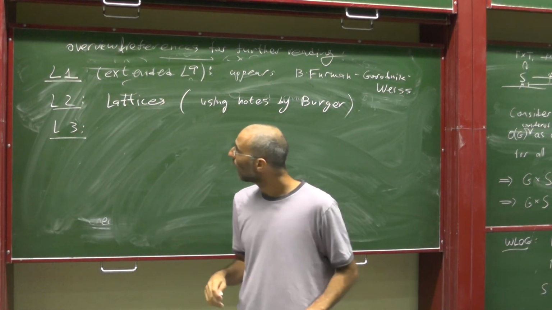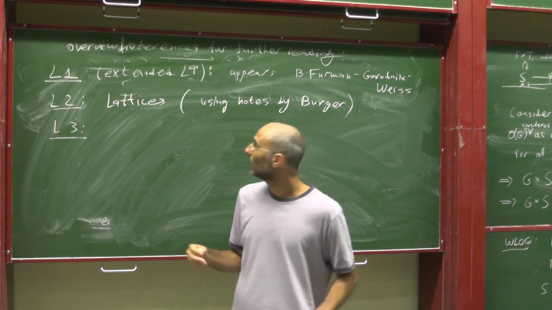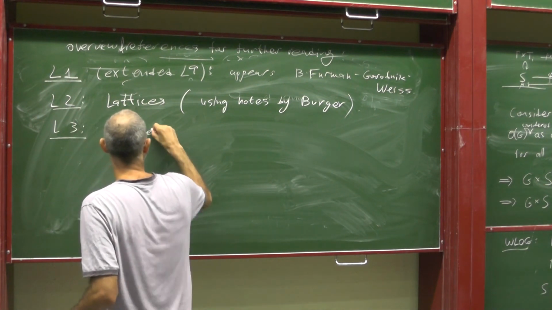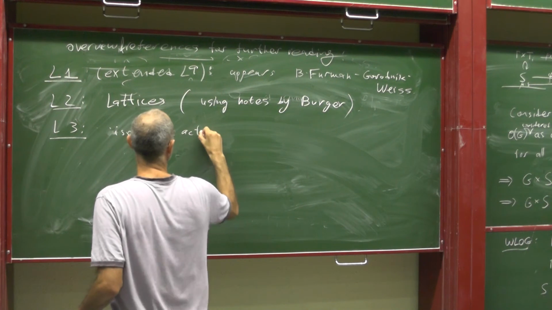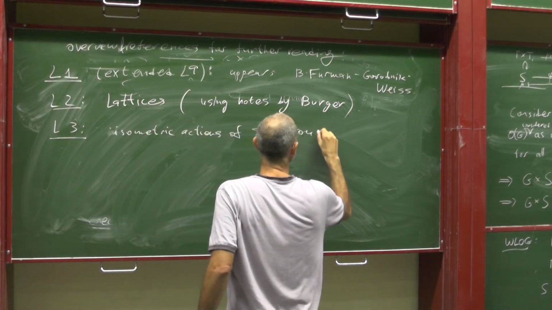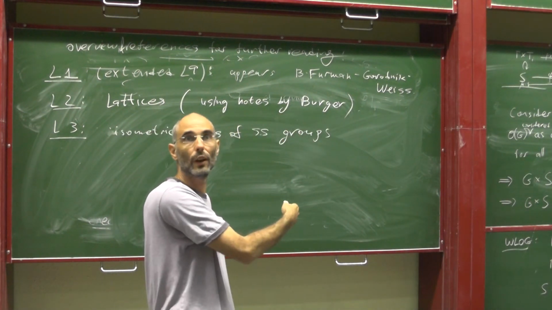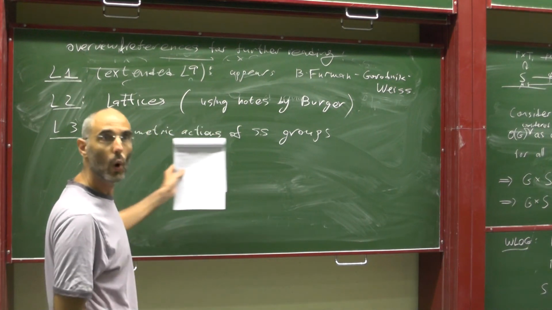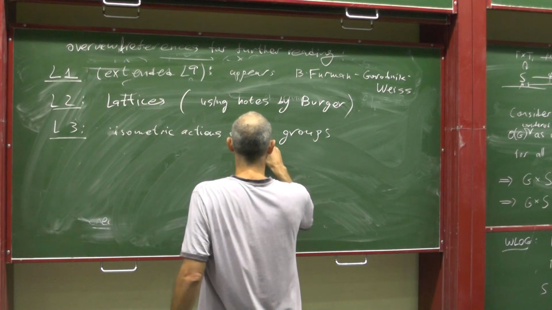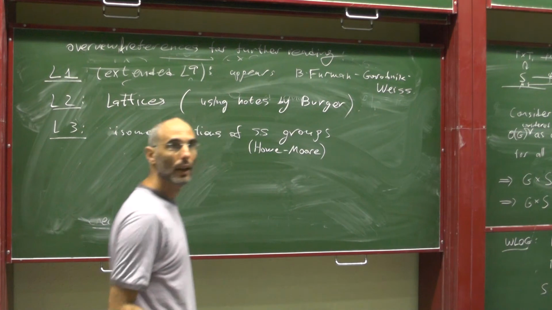In lecture 3 we were discussing metric action or isometric action of semi-simple groups. This was very crucial for us in our later discussion of metric ergodicity. We didn't coin that term yet at lecture 3, but this was related to Howe-Moore.